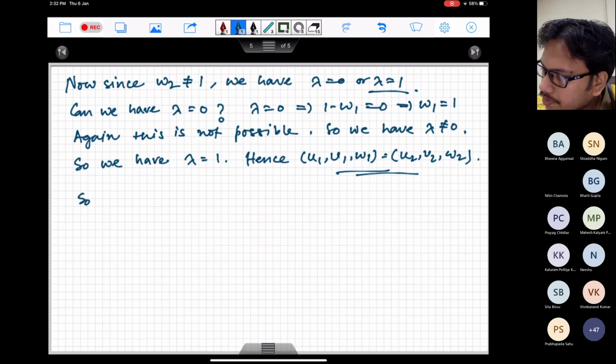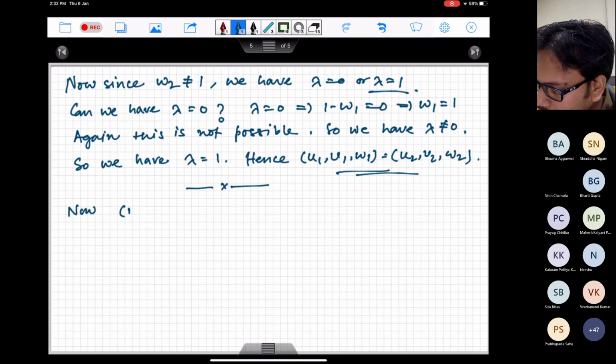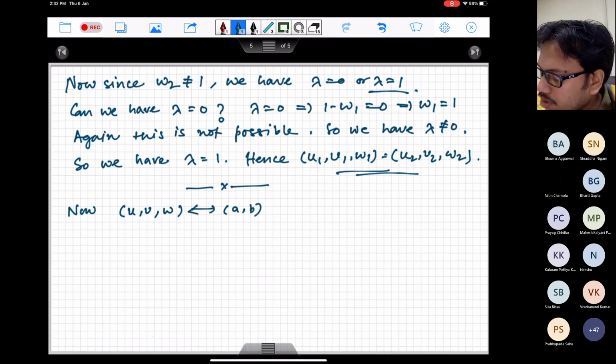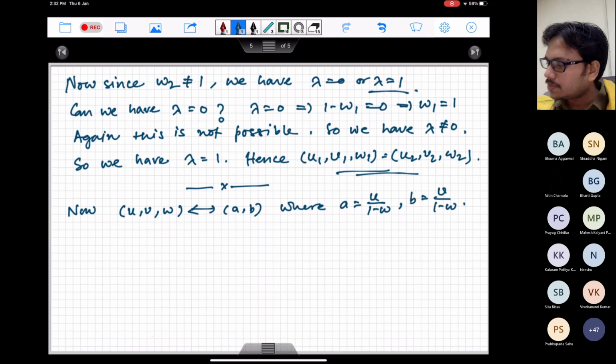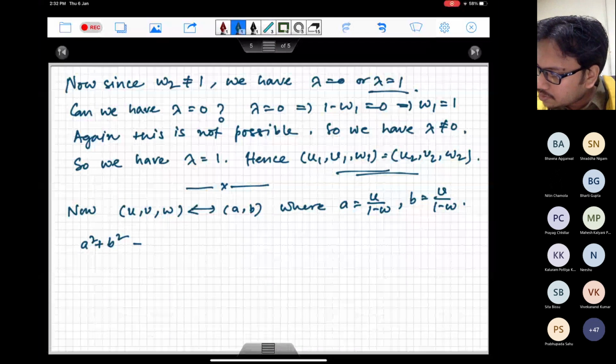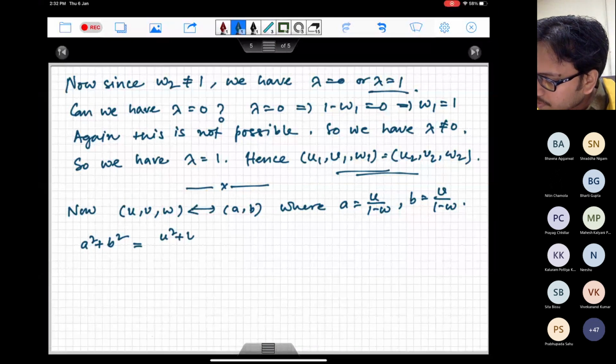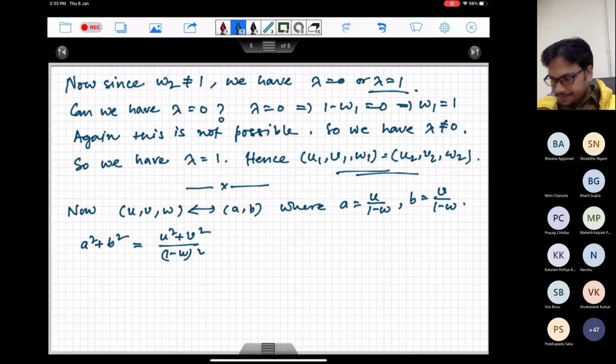So (u, v, w) is connected to (a, b), where a equals u by 1 minus w, b equals v by 1 minus w. So what is a square plus b square? So a square plus b square is therefore (u square plus v square) divided by (1 minus w) square, right?